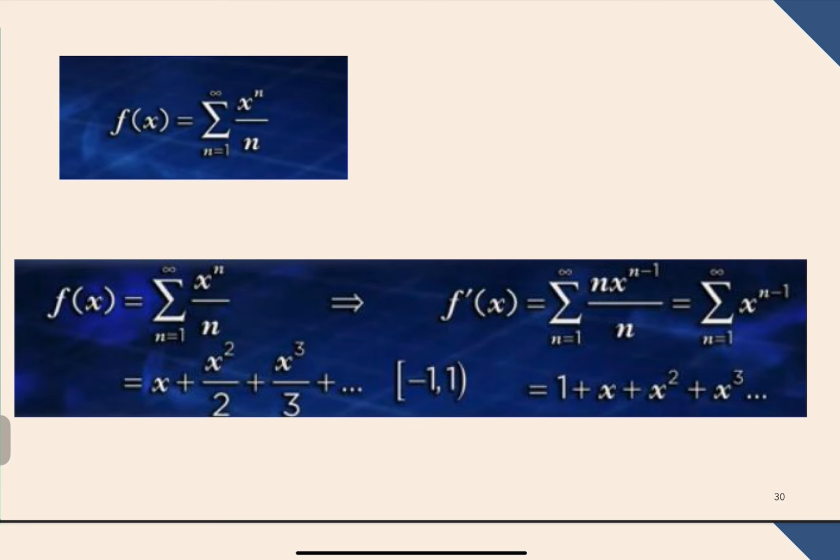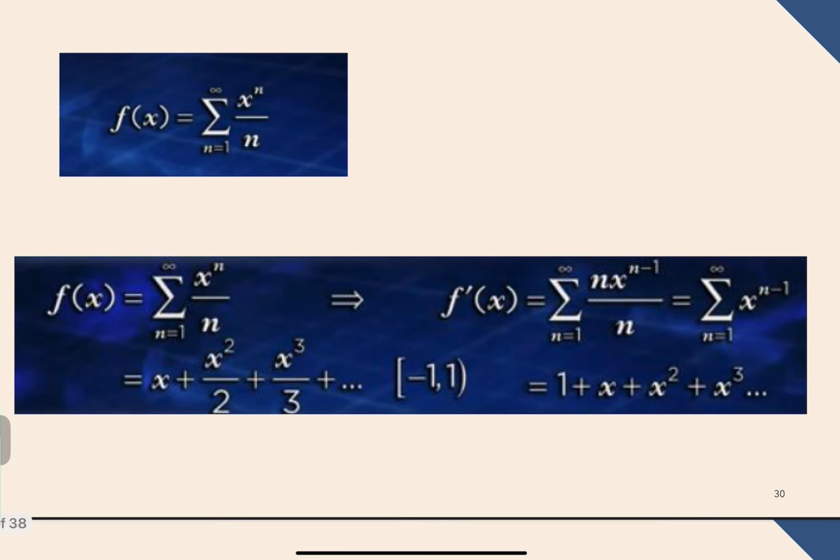So now we differentiate that series term by term. Find the derivative of the series. So it's n x raised to n minus 1 over n, and what happens to n?